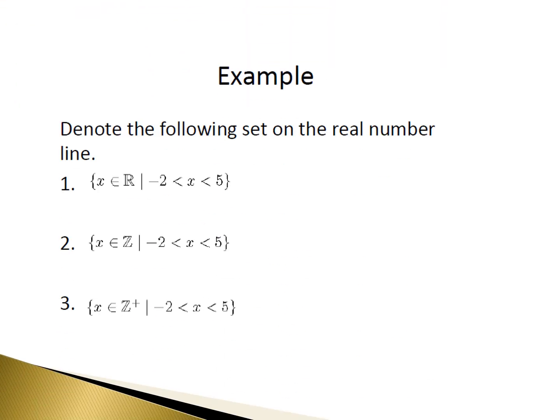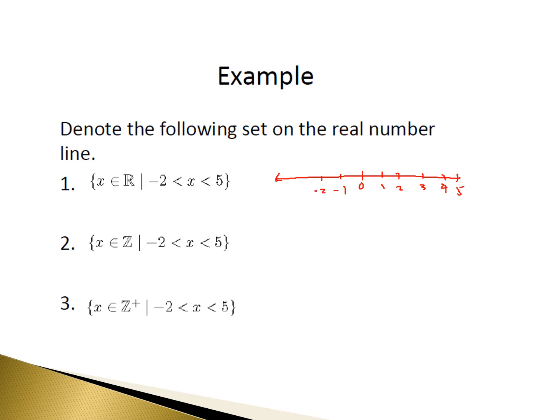For example, denote the following sets of reals on the real number line. For number 1, we draw a line. We have 0, 1, 2, 3, 4, and then 5, and then -1, -2.